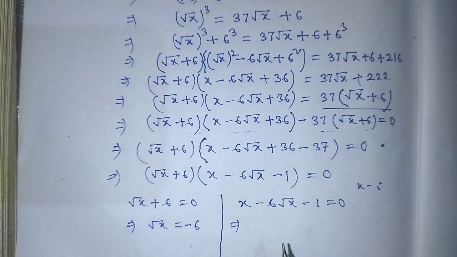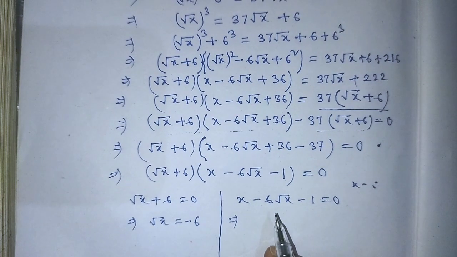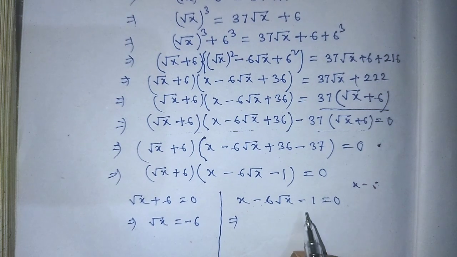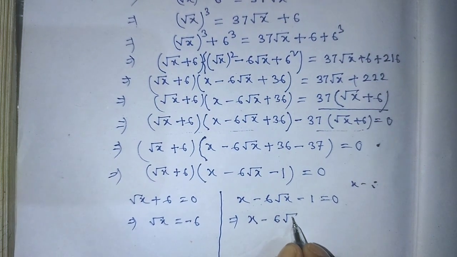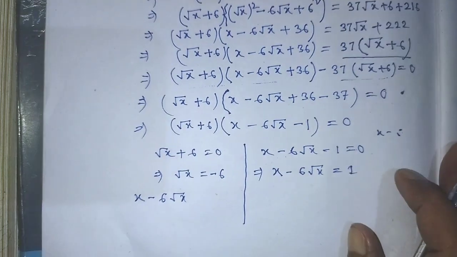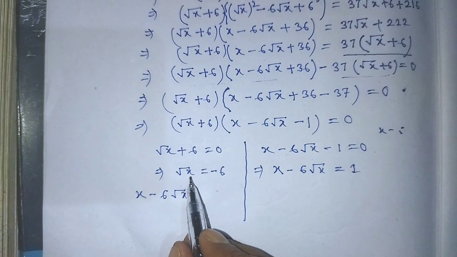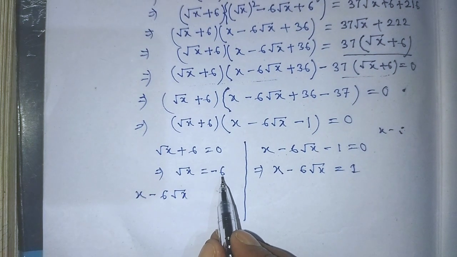So student, we can get directly the value of x minus 6 root x from this equation. So now we have to write on the left hand side x minus 6 root x is equal to 1.